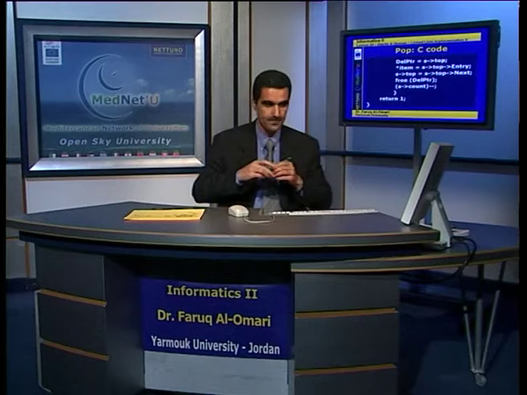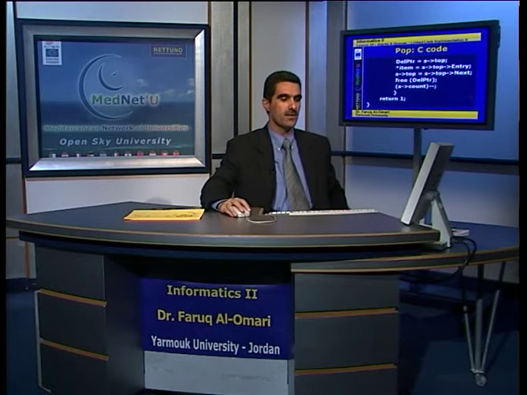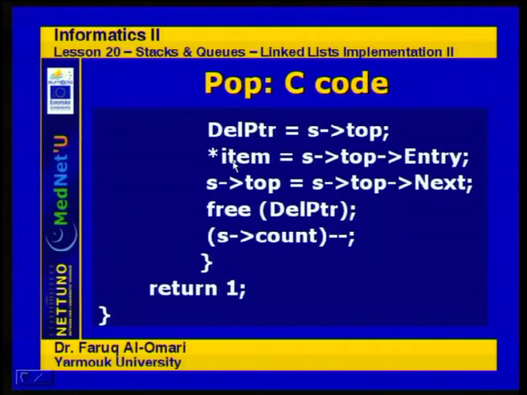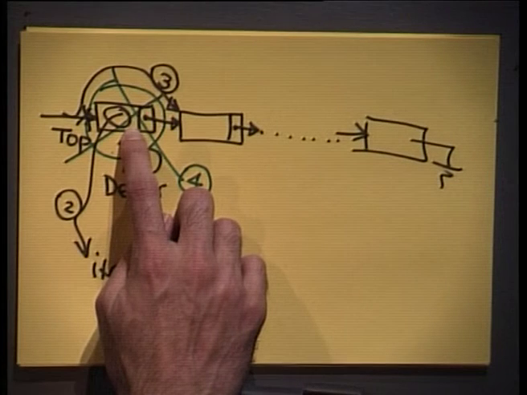All right. So that's the first step. Second step, copy the data. Third step, advance the top pointer to go to the next location. And then after that, I'm freeing the node pointed by del ptr, this one. Okay?